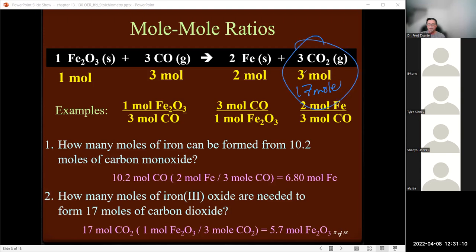With that information, given that we have an excess of carbon monoxide, I need to calculate how many moles of iron 3 oxide I need to begin with to make that amount of carbon dioxide. And we need 5.7 moles. Any questions right now at this point?